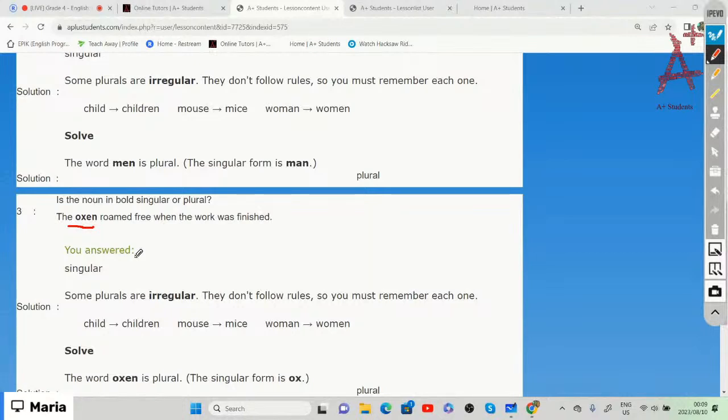So the singular form of the word oxen is ox. So ox is singular and oxen is plural. So this word oxen is plural and the singular form of that is ox.